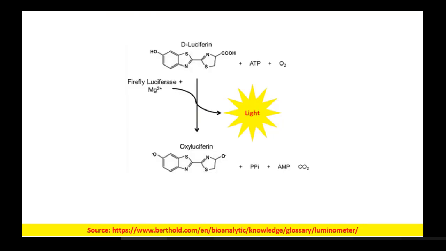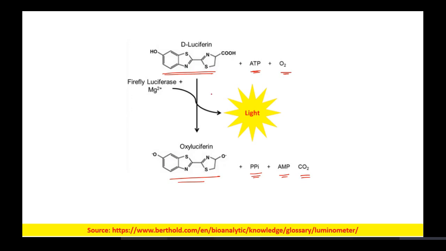This is the chemical reaction of conversion of luciferin to oxyluciferin. We have the luciferin over here in conjunction with ATP and oxygen. It is being oxidized into oxyluciferin. The ATP is consumed and forms inorganic pyrophosphate. Then AMP is formed and CO2 is also formed.